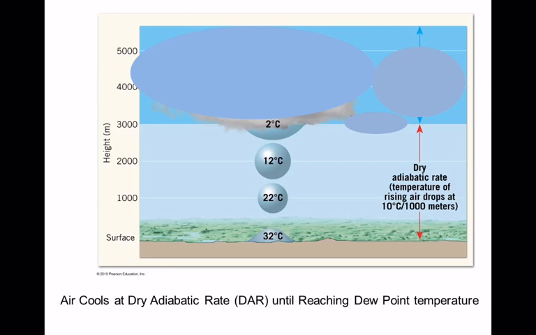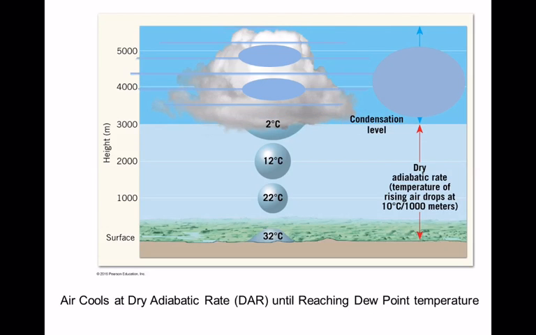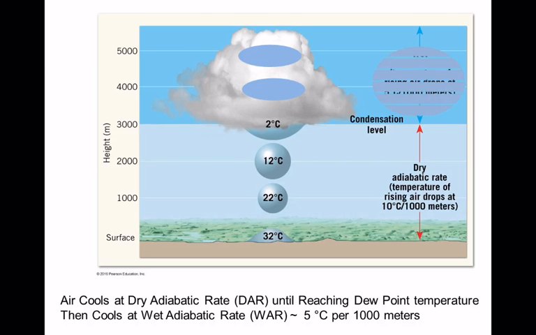It's actually only going to cool to -3, because we have condensation going on there. Still condensation from 4 kilometers to 5 kilometers. So it's still going to cool at this wet adiabatic rate. So it's not going to go -3 to -8. Okay, so that's kind of how that whole thing works.